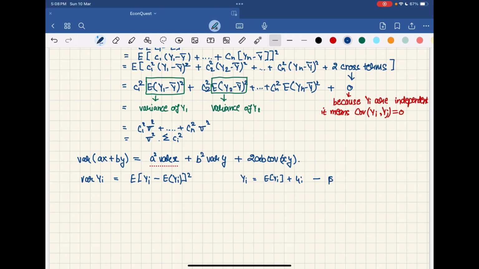This is from your population regression line, right? So this entire thing becomes equal to ui whole square, and this is equal to sigma square, right?